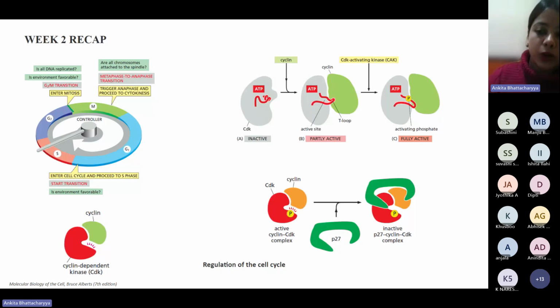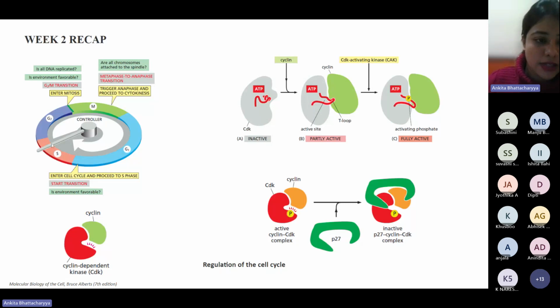Take bacterial spores, or you can even think about fungal spores. They will only germinate or divide when they get a very comfortable condition. So the cell is able to sense its surrounding environment and make decisions based on the environmental conditions. Only when it identifies that the environment is favorable will the cell proceed to the S phase.